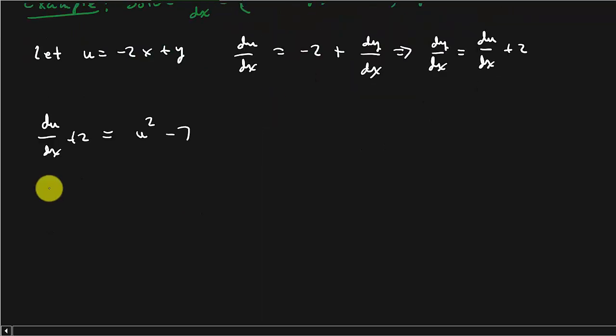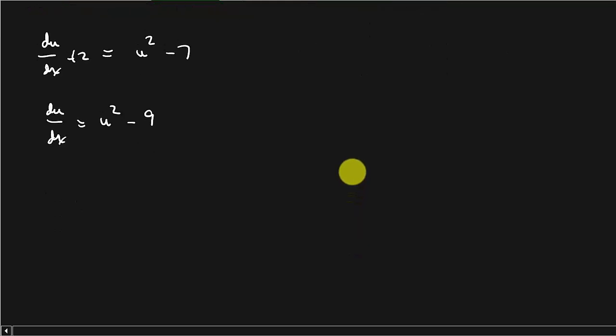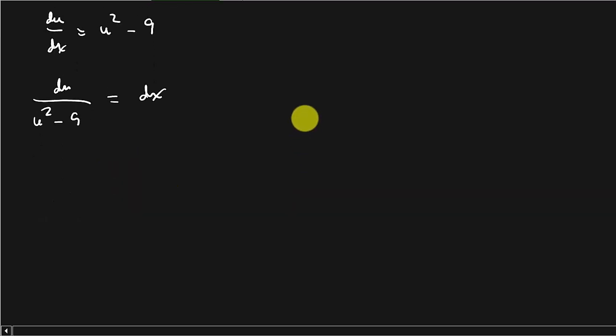And so that's going to give me du dx is equal to u squared minus 9. All right, so we can do separation of variables. So that means I'm going to get du over u squared minus 9 is equal to dx. So we can integrate this.